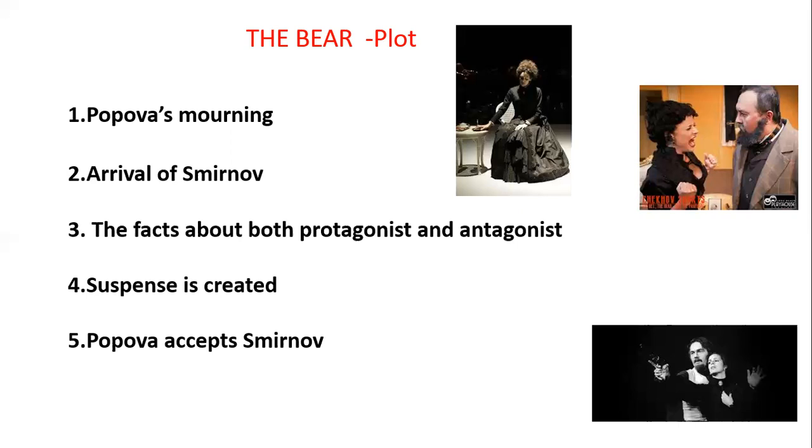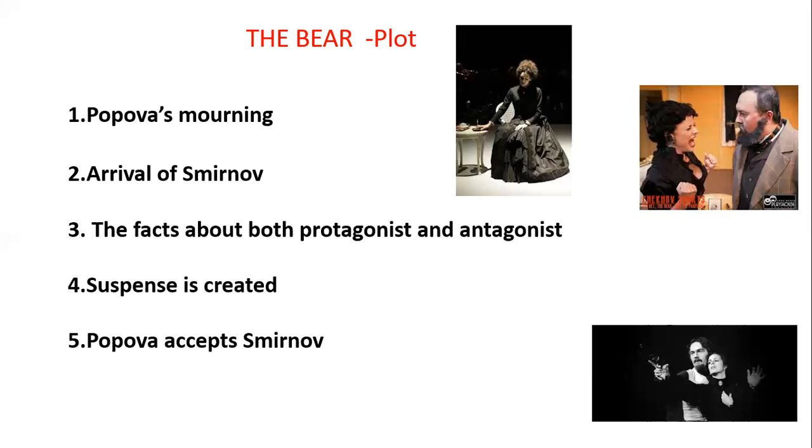And she is sad. Why? Because of her unfaithful husband's secrets. And there she learns about his financial matters, his secrets. And we find Popova's inability to use a gun. And all these situations help Smirnov to dominate the play.